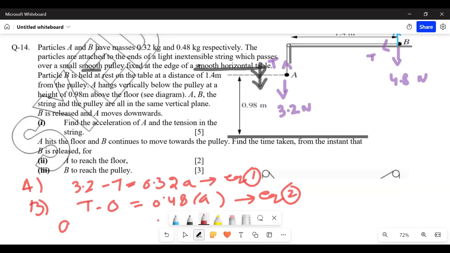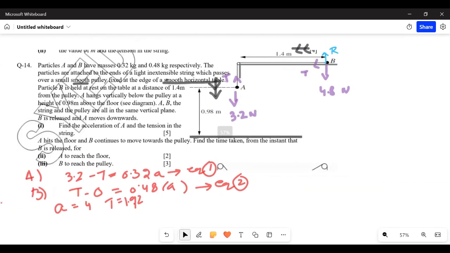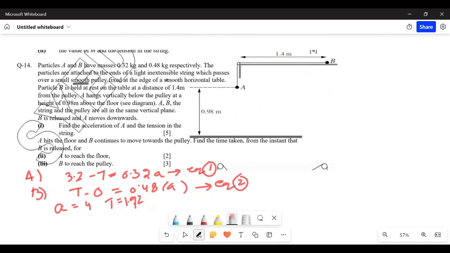So when you do that, you see that A comes out to be 4 meters per second square and T comes out to be 1.92 newtons. A hits the floor and B continues to move towards the pulley. Find the time taken from the instant that B is released for A to reach the floor. So first we find the time at which A reaches the floor. What do we know about A?